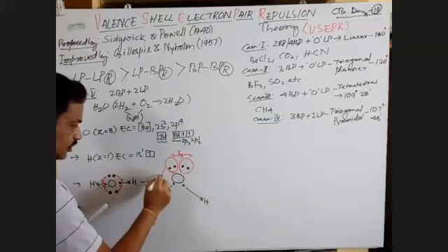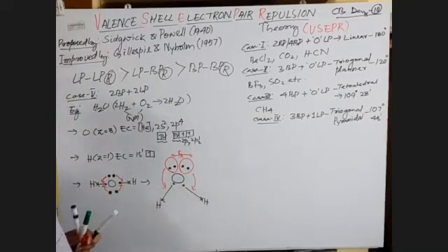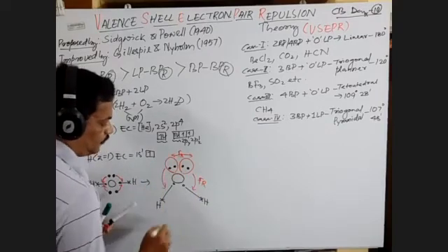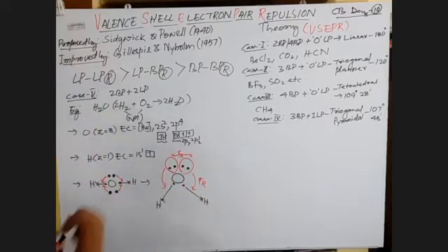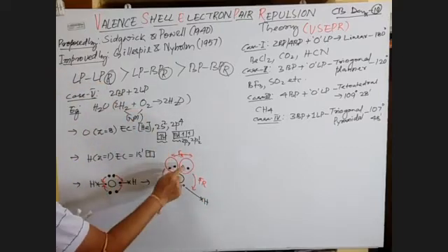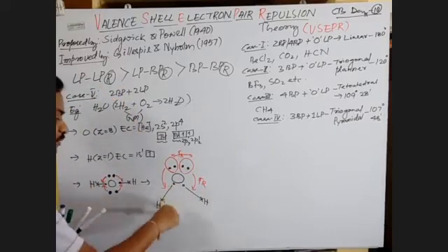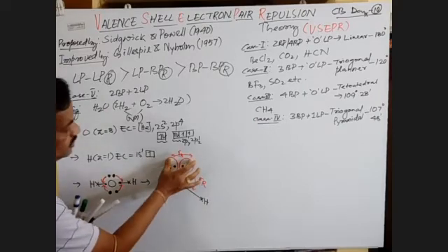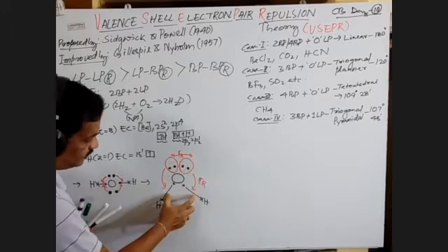And this also repels the bond pair of electrons, and the bond pair repulsion is less here, because lone pair repulsion is more than bond pair repulsion. That means this repulsion is more than this repulsion.